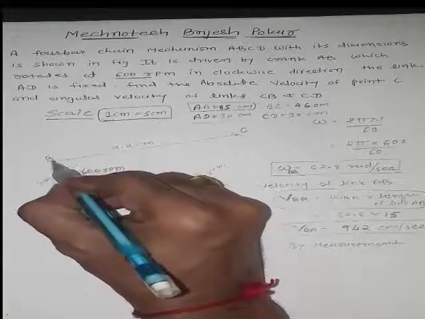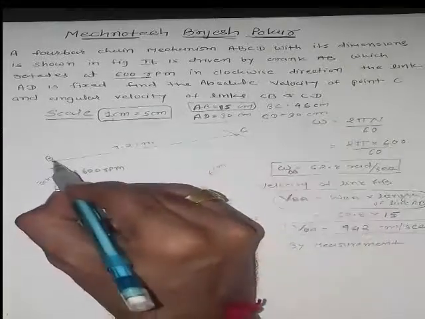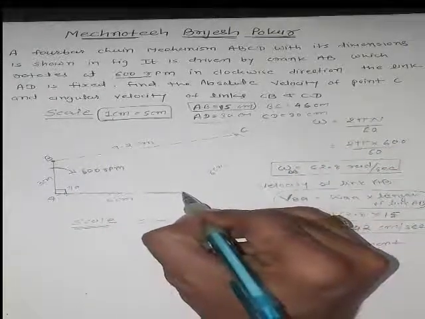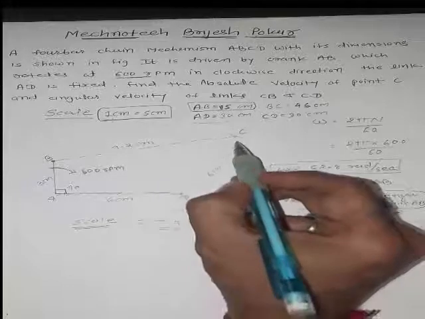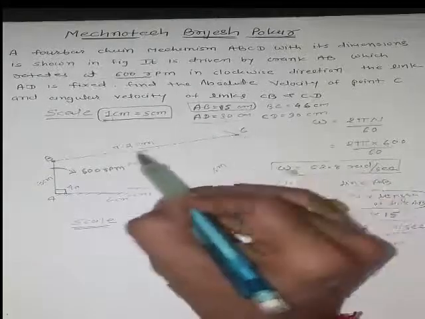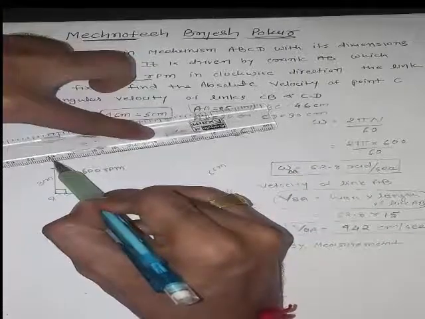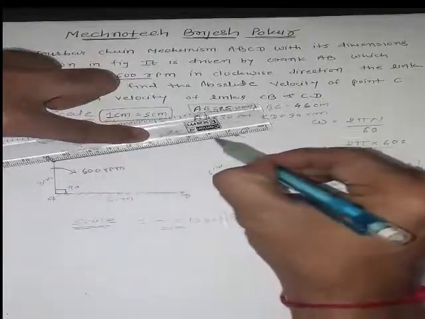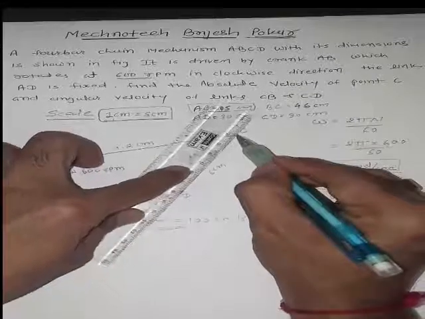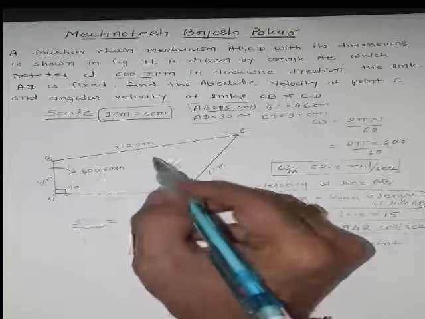From point B take an arc of 9.2 centimeter, and from point D as center take an arc of 6 centimeter. Whatever point they intersect, draw the line BC, and here CD. In this way you can draw this diagram.